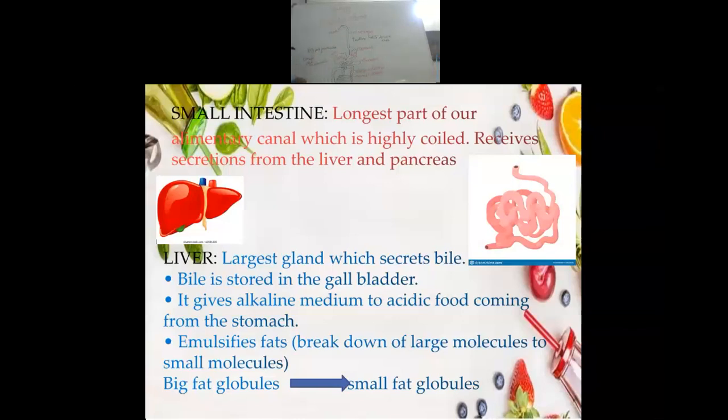This is the function of the liver. The bile juice which is secreted provides an alkaline medium to acidic food, and then this bile juice is stored in the gallbladder.